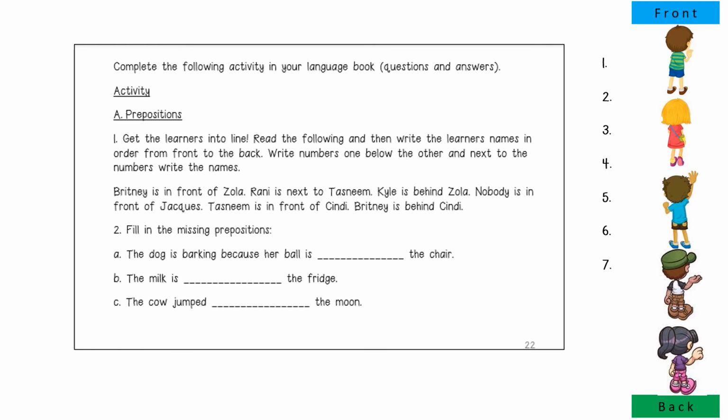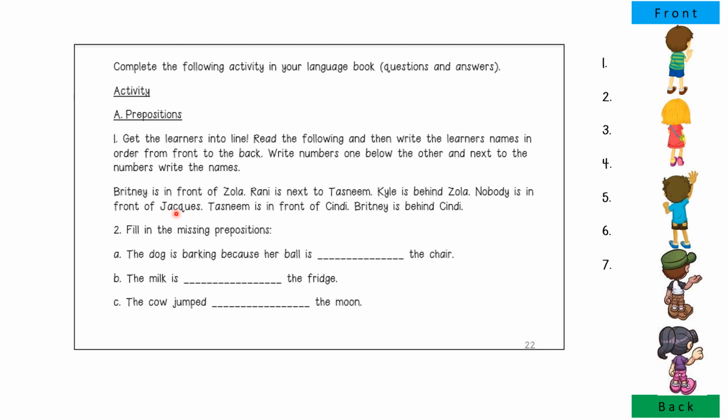So you need to read these sentences carefully in order to help you to find out which child is in which part of the line. You can do this question in pencil first and then ink your answer when you are sure of your answer. The clue here is that nobody is in front of Jack.